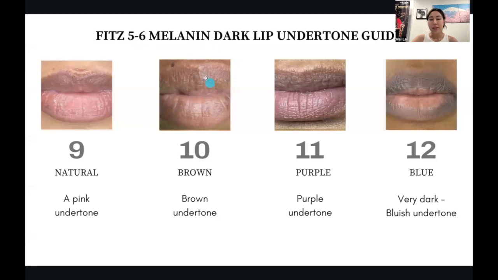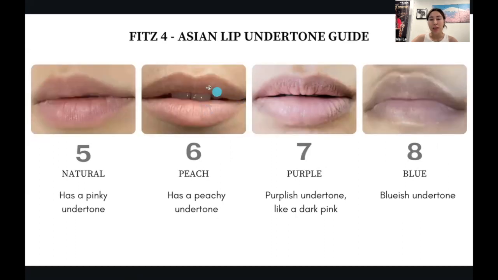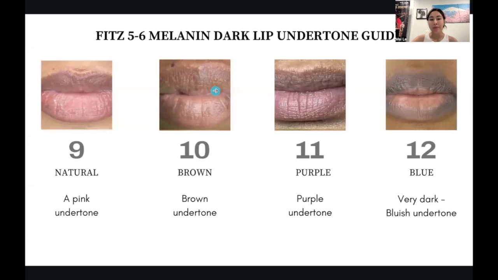This is considered to be brown, where you see a peachy but more intense browny peach, versus this, which is considered the purple undertone, and this is the blue undertone.